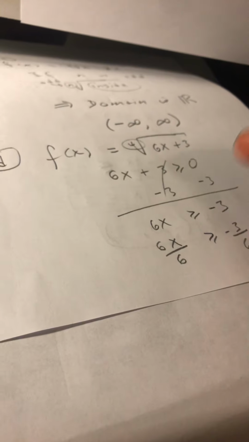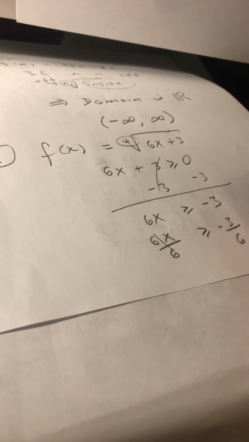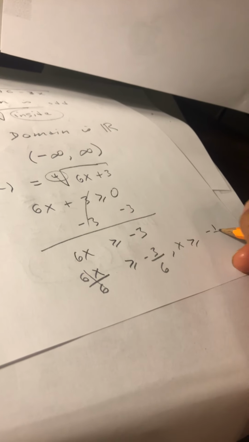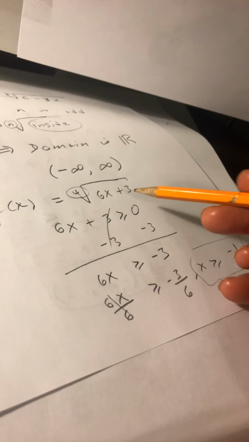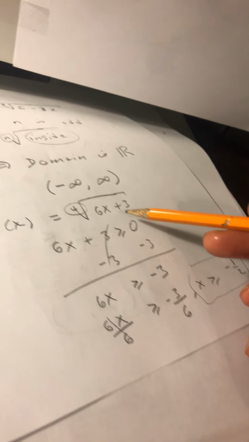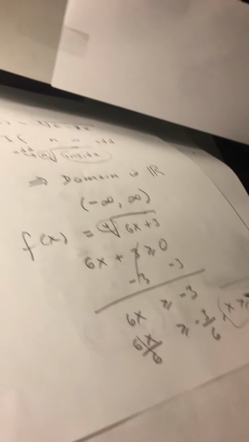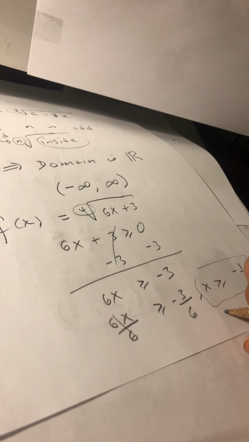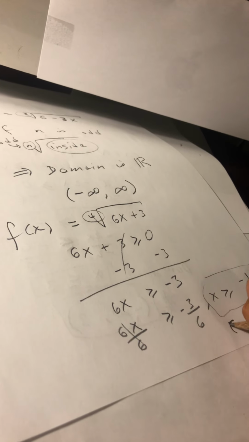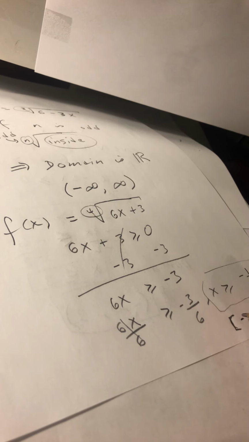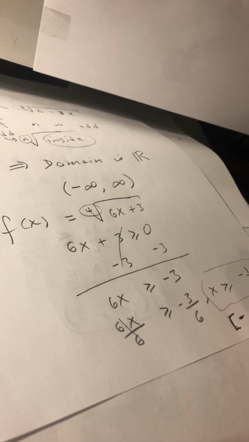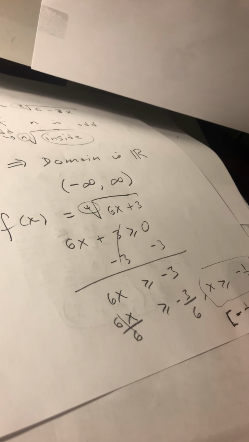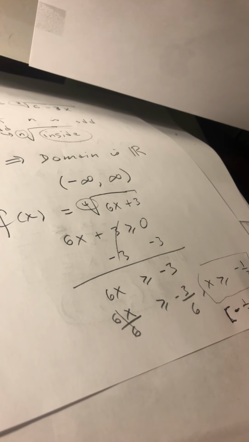And so that's just going to mean that x is greater than or equal to negative 1/2, right? That's the domain. Again, you don't want the negative on the inside here if you're dealing with an even root. So how you write that in interval notation, you're going to write from negative 1/2 all the way up toward positive infinity.